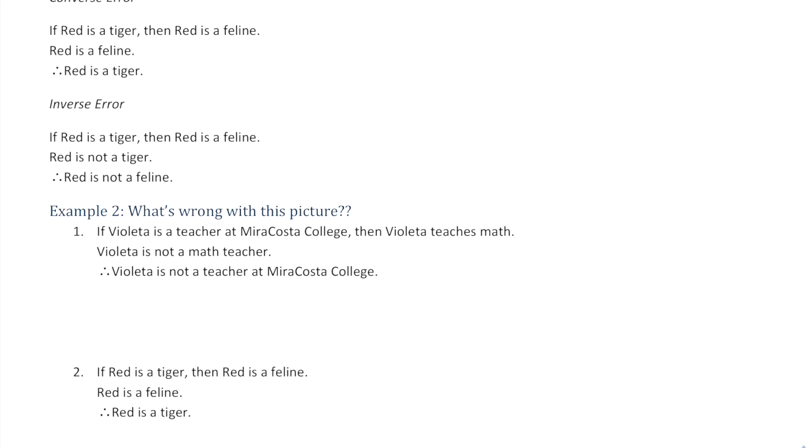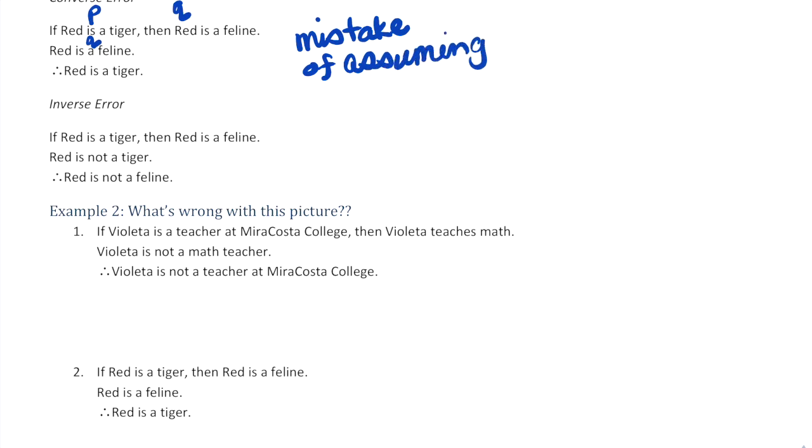There's different formats here. So here we go. P implies Q, right? And you can't assume what you're trying to prove. This is the mistake called converse error, and it's the mistake of assuming what you're trying to prove. And this is very common.